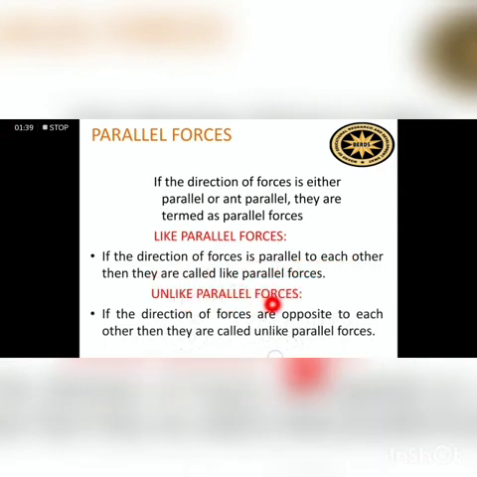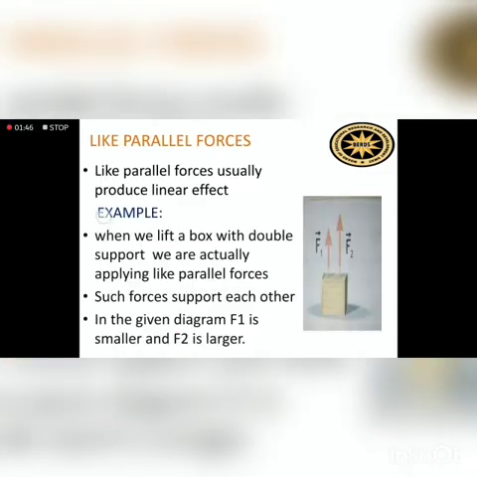The first one we will discuss is like parallel forces. Like parallel forces produce linear effect. These two forces are in the same direction, so both of them are like parallel forces, and they move something only in a single direction. Therefore this type of force produces the linear effect. An example is when we lift a box with double support, we are actually applying like parallel forces.